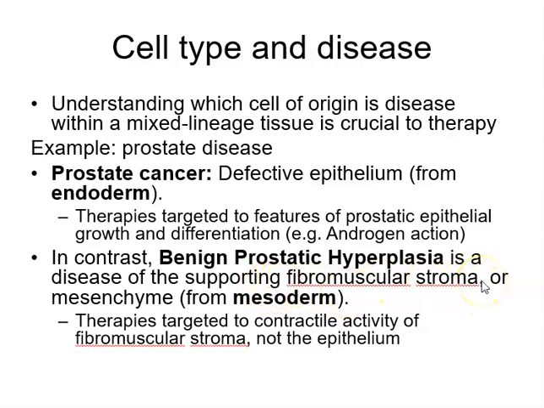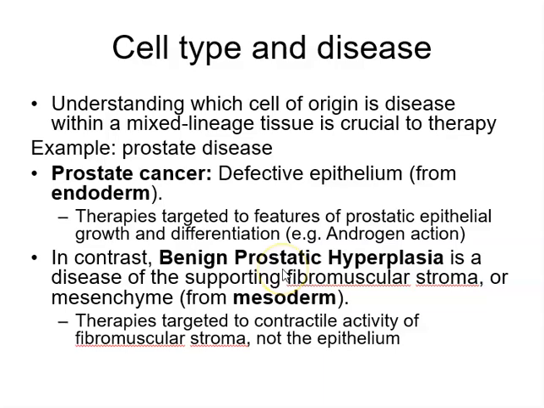Well, stroma is a sort of collective term for all of that connective tissue around the epithelium that acts as a support for the epithelium. So benign prostatic hyperplasia is an overgrowth of the fibromuscular stroma, which is all of those periductal fibroblasts and general fibroblasts that you find outside of the epithelium.